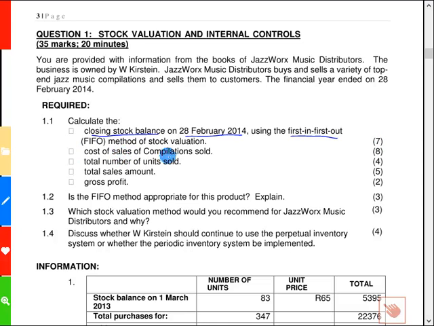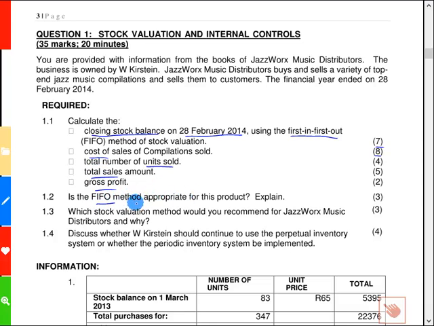Then the cost of sales of compilations sold, so we know already that these guys are selling compilations. Then we've got the total number of units sold, we've got the total sales amount and the gross profit, and we can see that the first two is for the most marks. Okay, and then we've got some theory questions here.